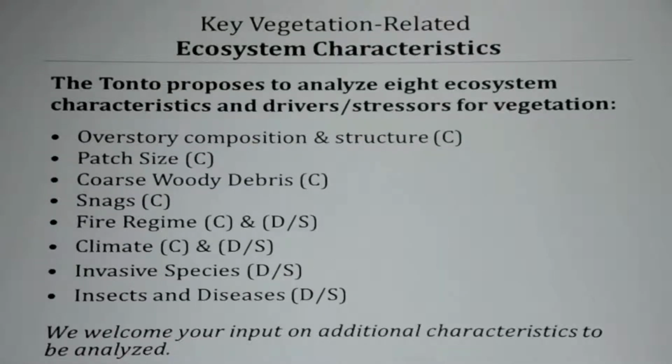Things we're going to look at that we need to measure or estimate anyway: overstory composition and structure, patch size, coarse woody debris, snags, fire regimes, climate. Now, if you look there and you see the C's, that means those are characteristics. Well, we also have the stressors.